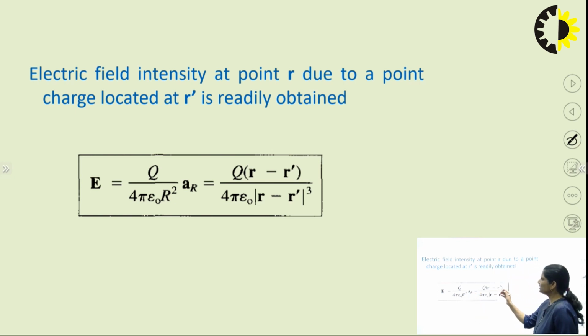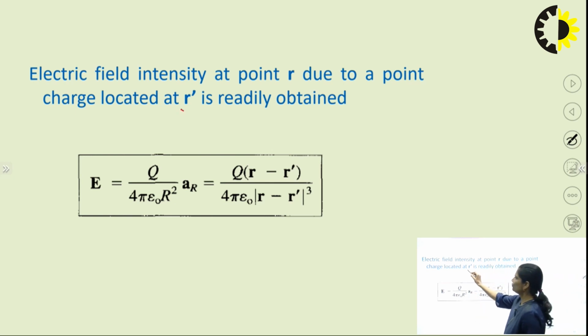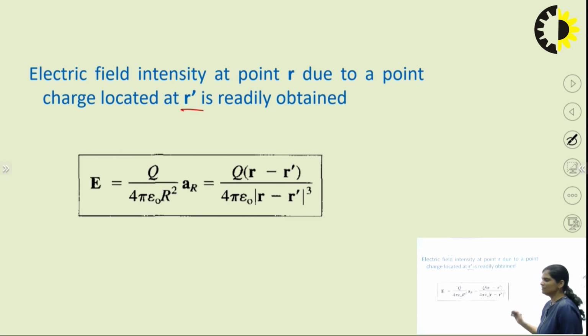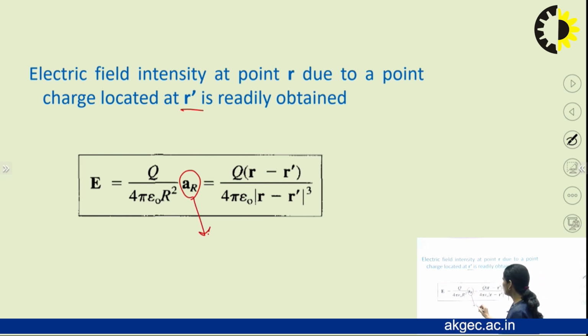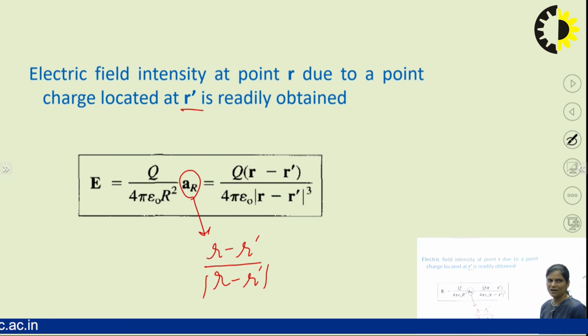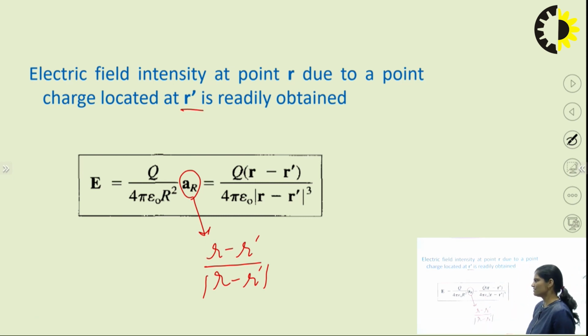Or if you have Q dash charge, now Q in bracket R minus R dash upon 4 pi epsilon naught magnitude of R minus R dash cubed, because you are putting here value of AR, that is equal to R minus R dash upon magnitude of R minus R dash. So put the value of unit vector of R here and you will get the result.